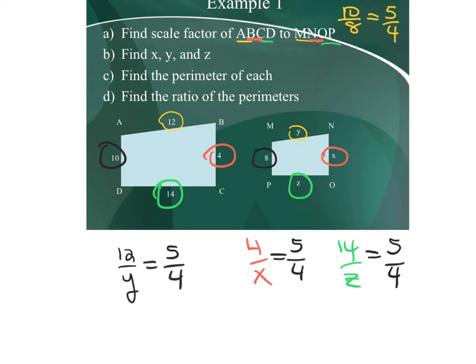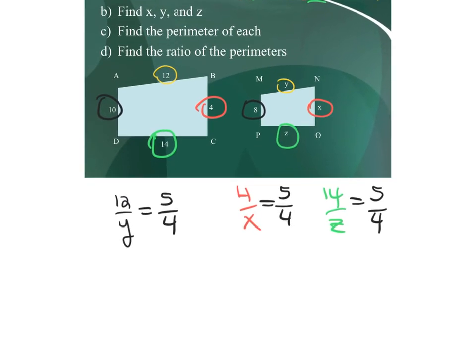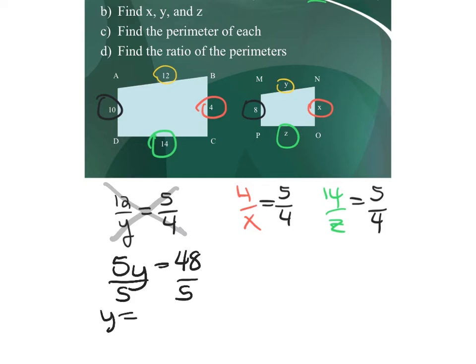If it's a repeating decimal, leave it a mixed number. So let's try these. I'm going to cross multiply here. 5 times y, 4 times 12, divide by 5, and y equals 9 3/5.